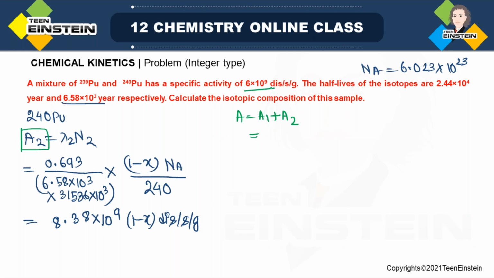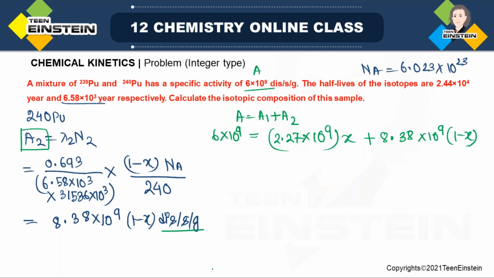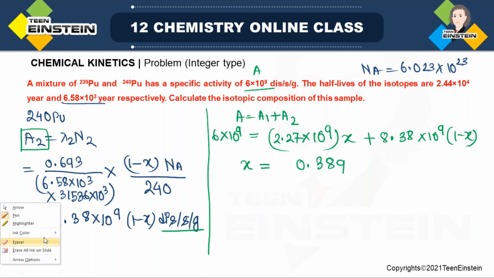On the left-hand side, we will write this value because this is A. And in place of A1, we will write 2.27 × 10^9 X plus A2, which we have just calculated. Both sides have the same unit, disintegration per second per gram. From this equation you can get the value of X, and X will be equal to 0.389.